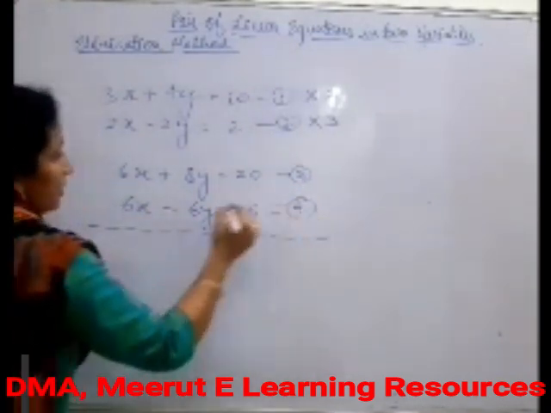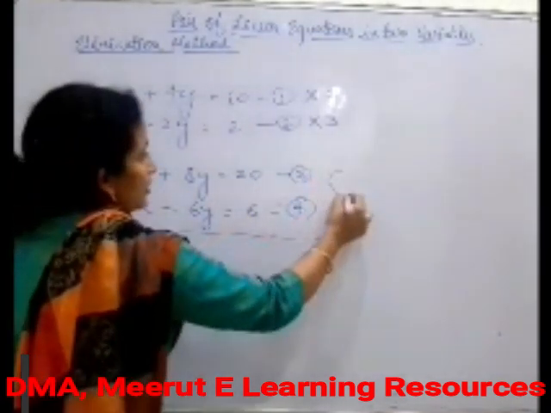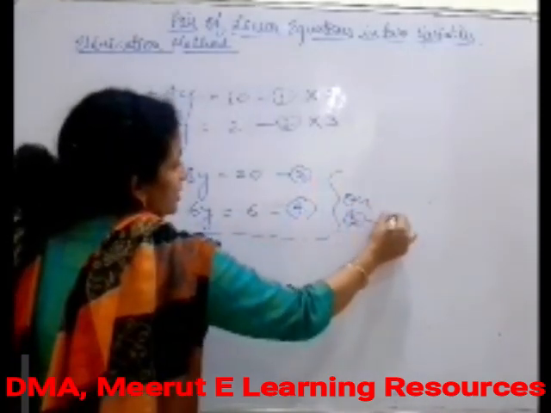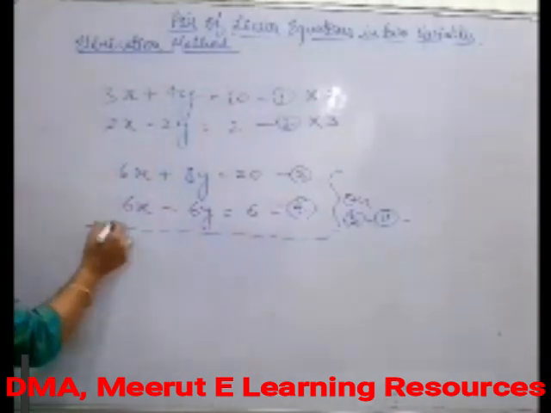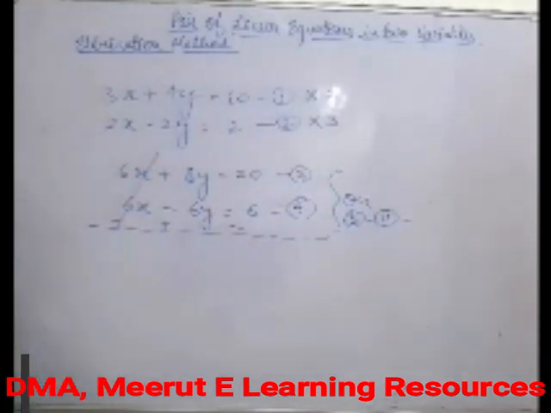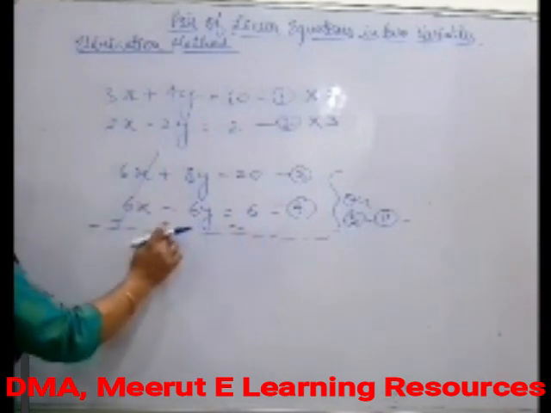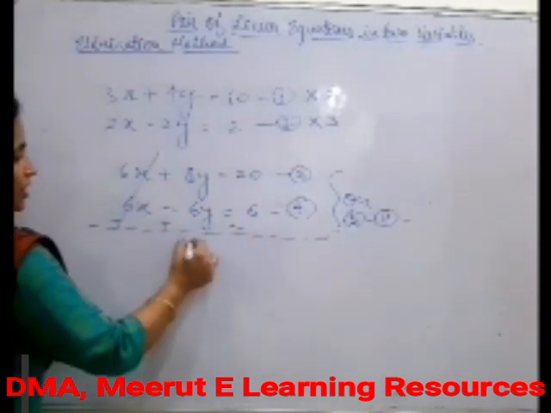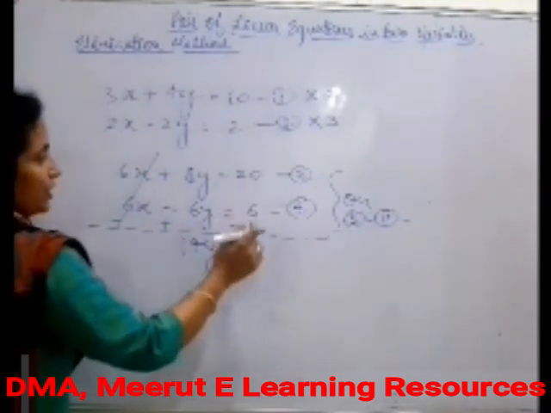Now I will subtract 3 minus 4. So what will I get? Minus plus minus, this is eliminated, cancelled. Now 8, and this is now of plus sign, so 8 plus 6, 14y equals 20 minus 6.